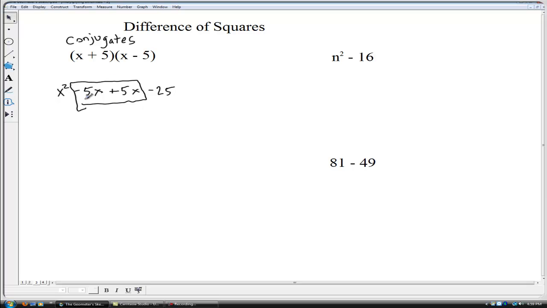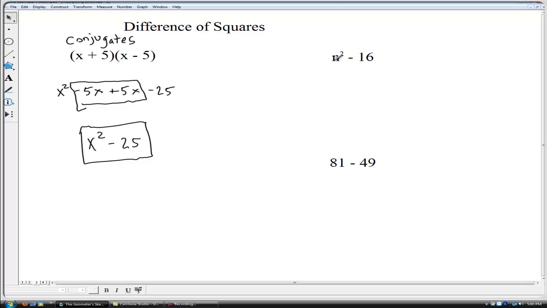Negative 5x, positive 5x. When we add those, we get 0. And so we're left with a perfect square number here, x squared, and another perfect square, 25. And we have a subtraction sign, which leads us to the name, difference of squares. So that's what we have as a result. This is called the difference of squares. It's a degree 2 binomial.